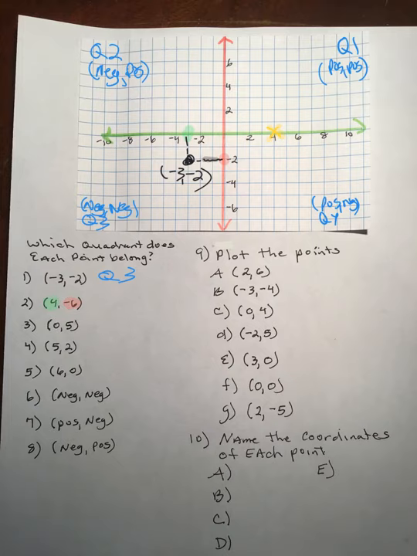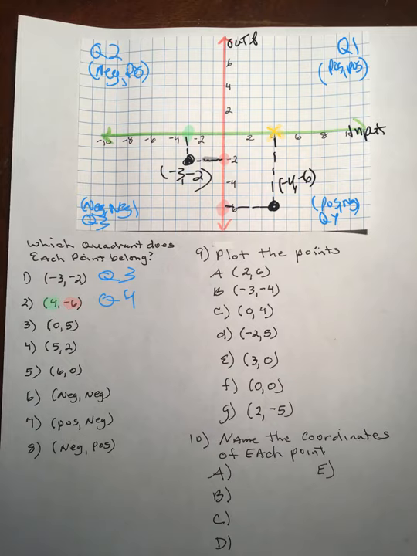So here's -6 on the output. And then it's where those two meet. So we've got a +4 for the input, and we have a -6 for the output. So that's the ordered pair 4, -6. So it's input, output. So remember, your X's are your input, and your Y's are your output. So that would be in quadrant 3. Sorry, quadrant 4.